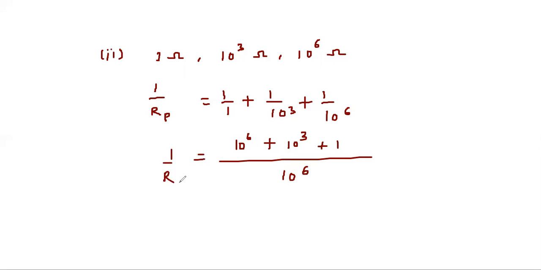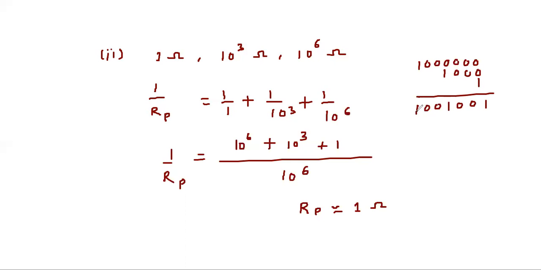1 upon Rp. It is useless to evaluate. It will be roughly equal to 1 because we can easily evaluate like 10 power 6, and then this is 1000. So 1, 0, 0, 0 and then 1. So it will be 1001001.